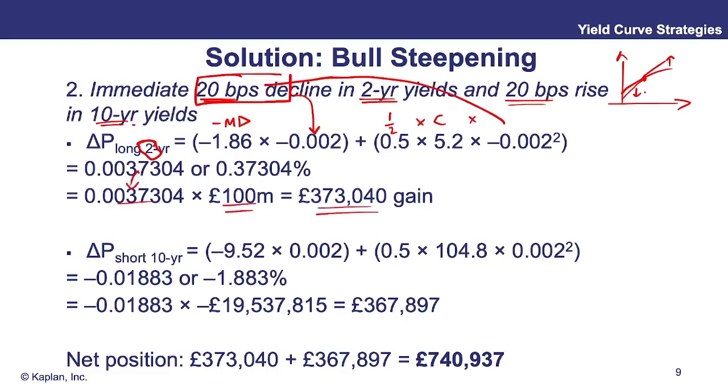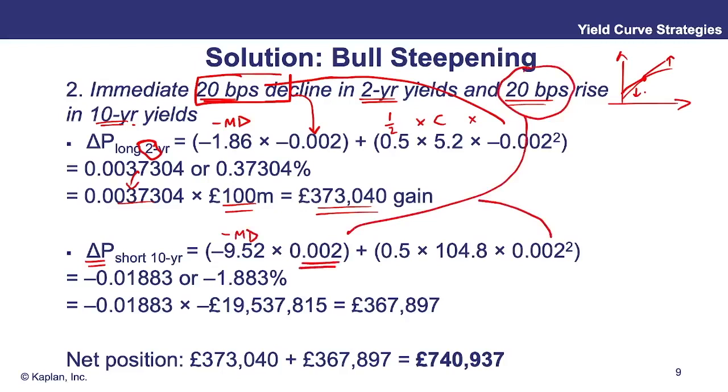sterling impact there. And that's a gain because you went long those bonds and rates fell. You sold the longer term bonds, with their higher duration. You didn't need as many of them, but when we think about their modified duration multiplied by the rise in yields, so you've got a 20 basis point rise in yields at the long end.